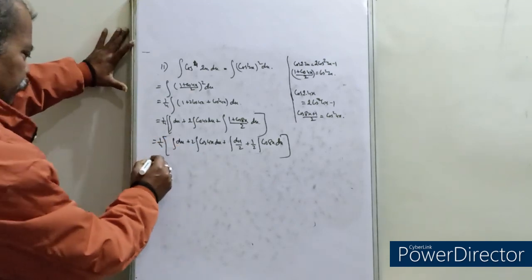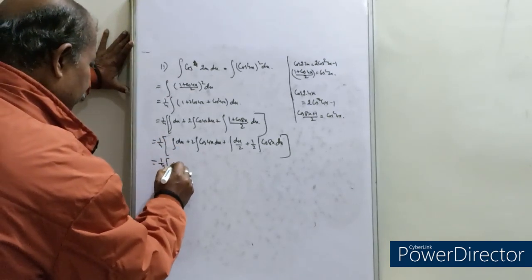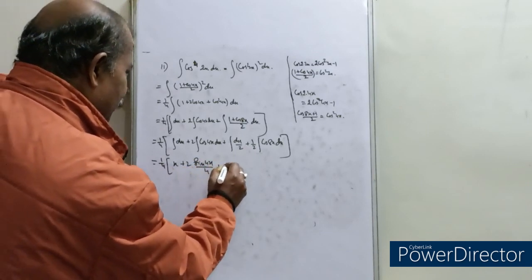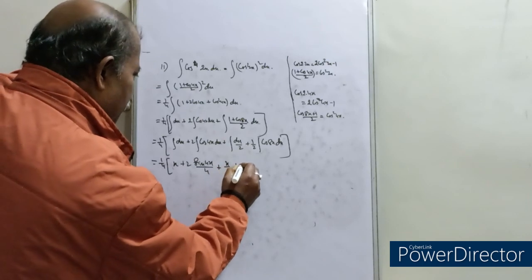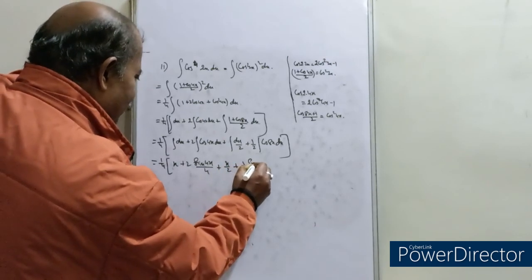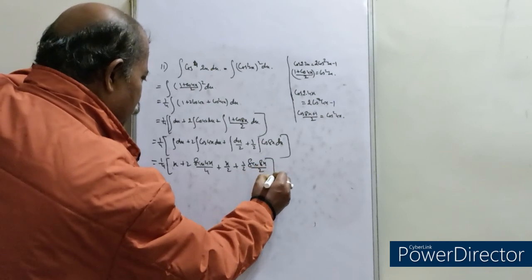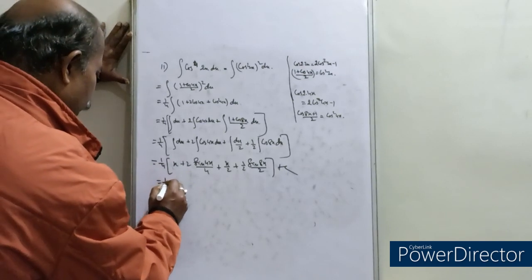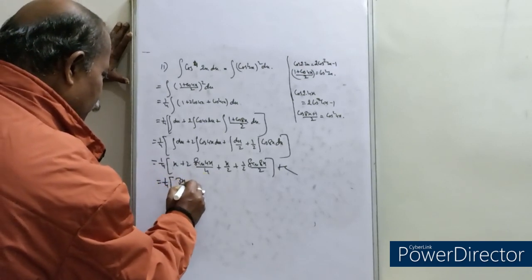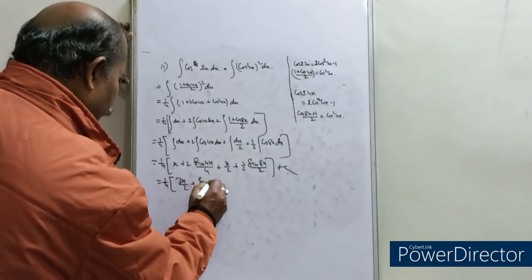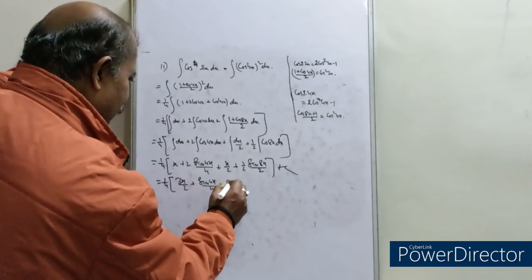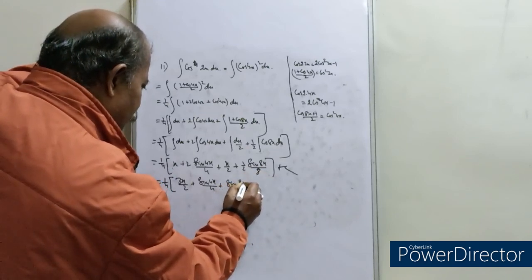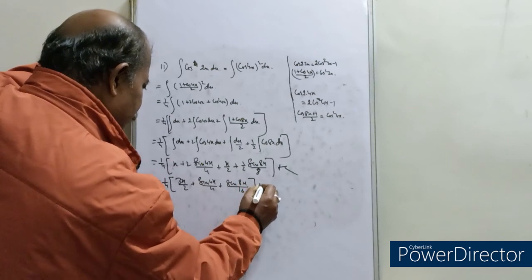So now you can see 1 by 4 { x plus 2 sine 4x by 4 plus x by 2 plus 1 by 2 sine 8x by 2 } plus c. So here again that is equal to 1 by 4 { 3x by 2 plus sine 4x by 4 plus sine 8x by 16 }, then plus c.